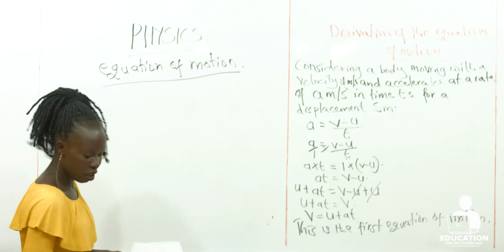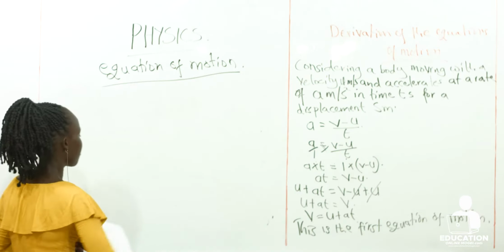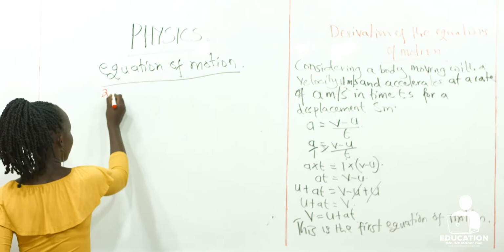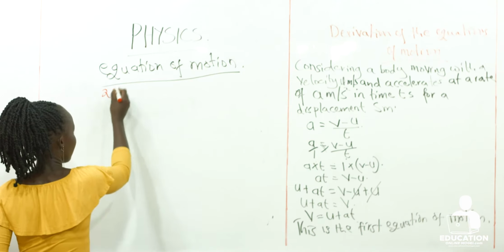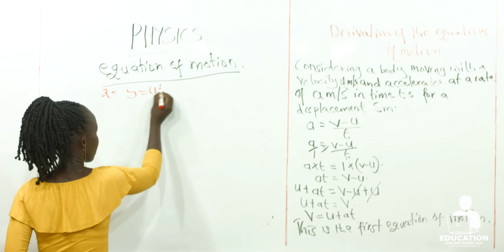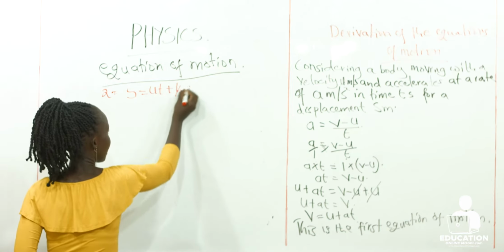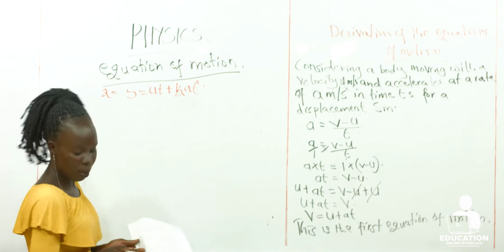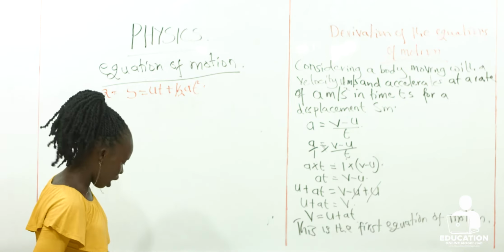So our second equation of motion we want to derive here is s is equal to ut plus a half a t squared. So that is what we want to come up with. So let's see how we are going to do that.